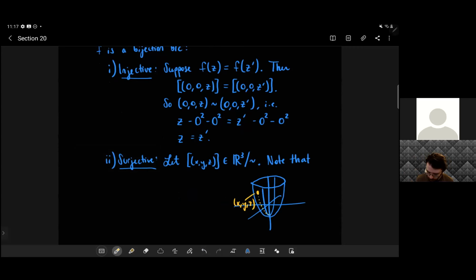It's also equivalent to this point down here, which I'll call 0, 0, c maybe. So that's the point we want to work with. And we know x, y, z is equivalent to it. So really, we just have to solve for c. We have to figure out what on earth c is.